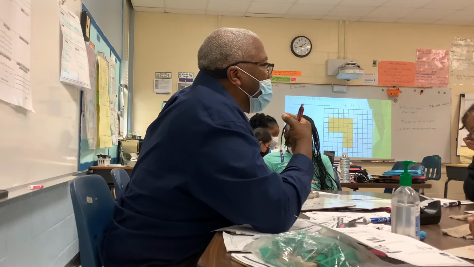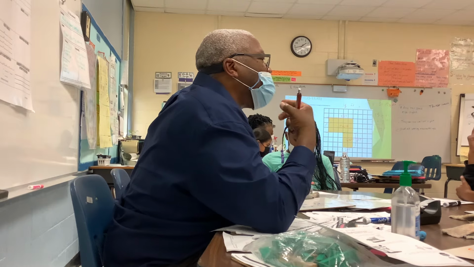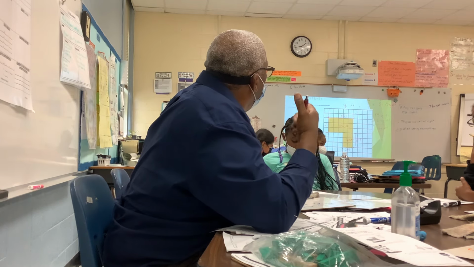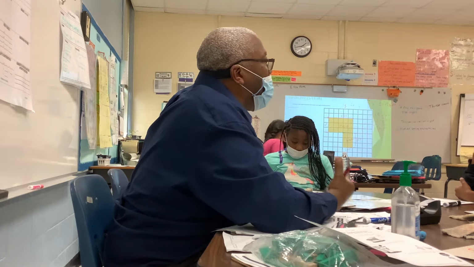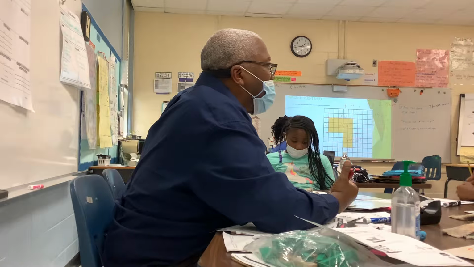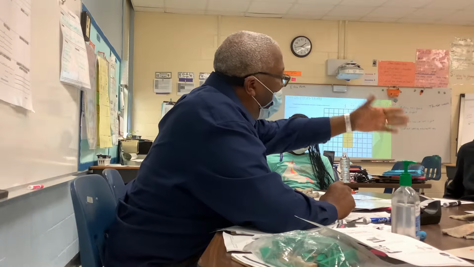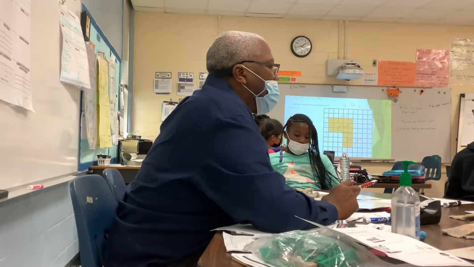Listen to what I say. That's why I'm talking about ELA. You all are quick to say stuff, but you're not listening to the question. What information does he need to solve the problem? How many grown and what else? How many young trees?